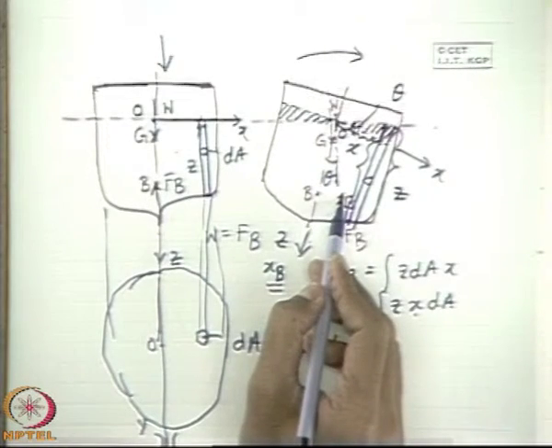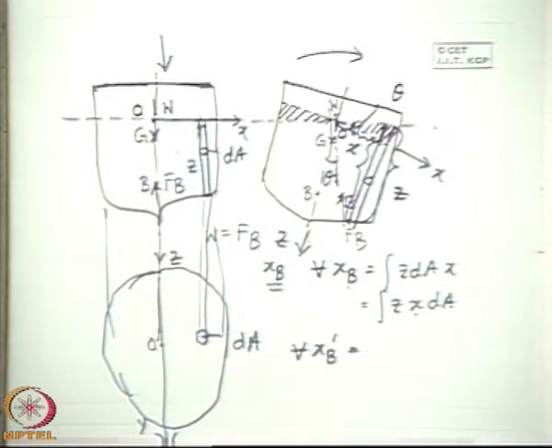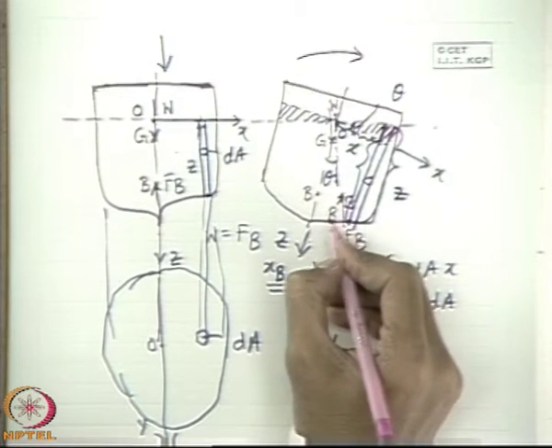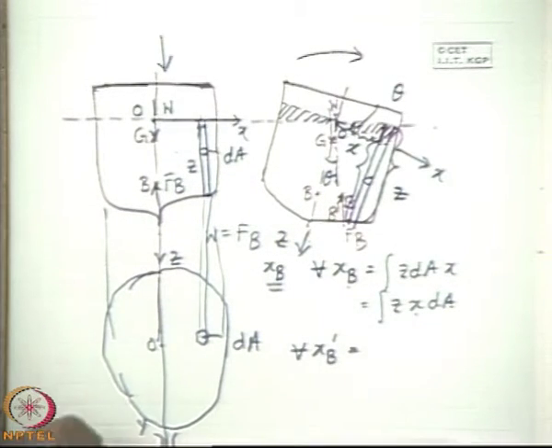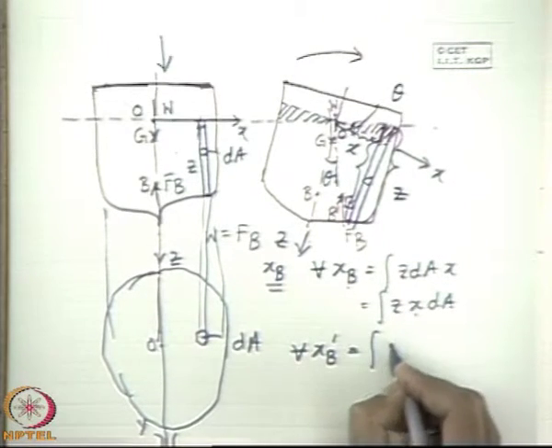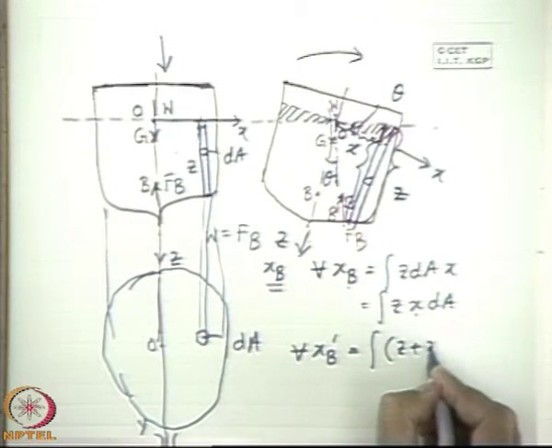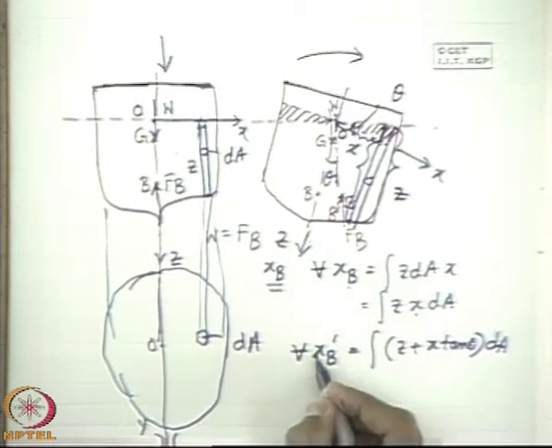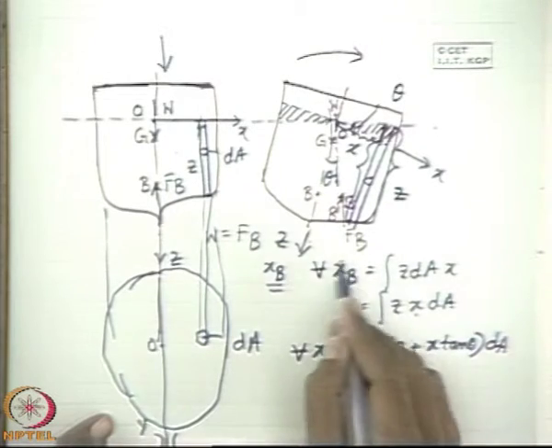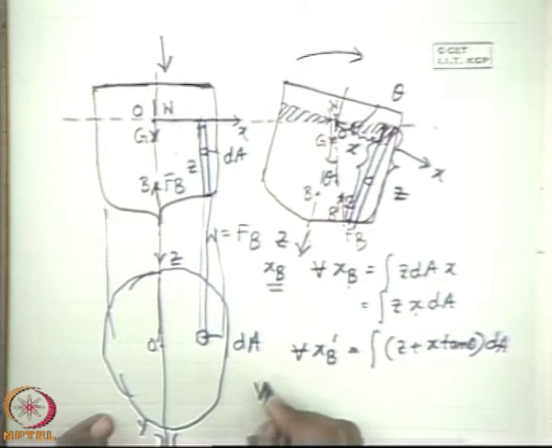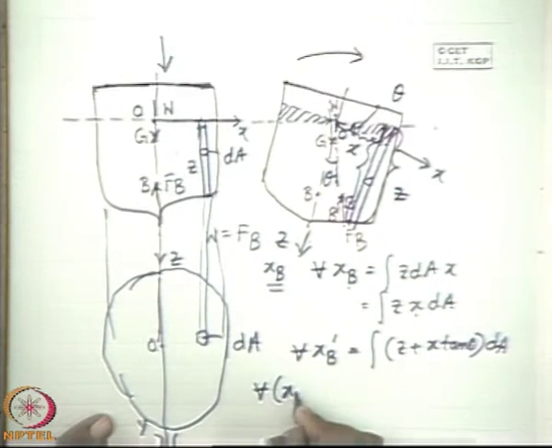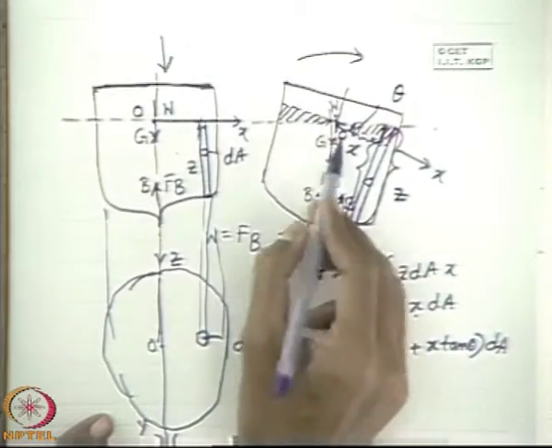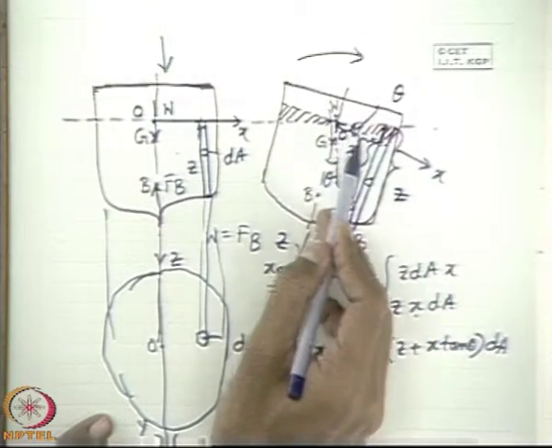That means now we can write V x b dash. If this is the b dash, that is the x coordinate of the new center of buoyancy, what can we write? We can write that it is equal to Z plus X tan theta into dA. Simply we subtract this upper one from this one, we get V into xb dash minus xb is equal to, tan theta is constant because angular heel is constant throughout the body.